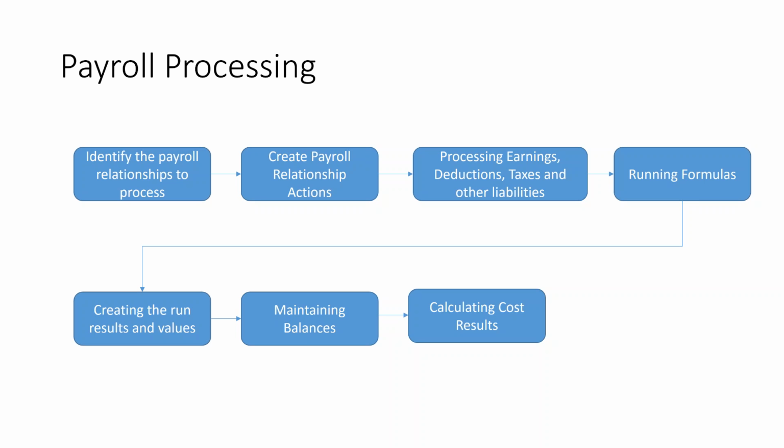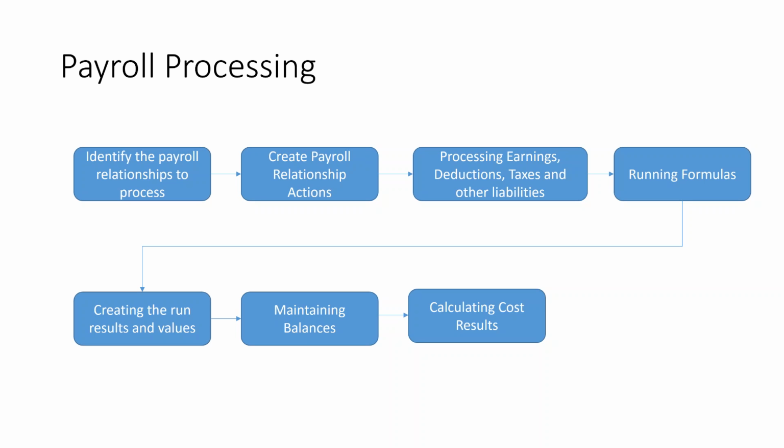So when you submit the payroll process, if you attach the object groups, it will find out which all are the payroll relationships or which all are the employees that it needs to process. Also, the assignment status of the employee plays an important role for payroll processing. If the assignment status specifies that the payroll should not be processed for this employee, then this payroll engine will not include that employee for the payroll run.